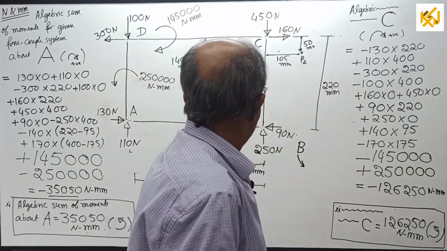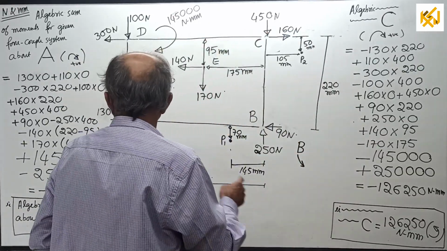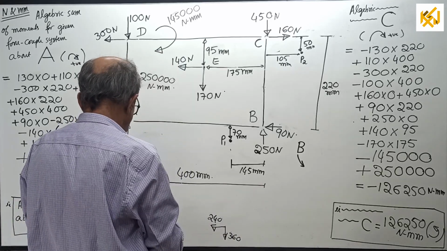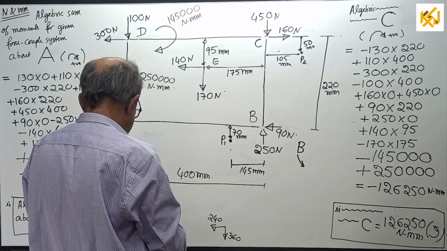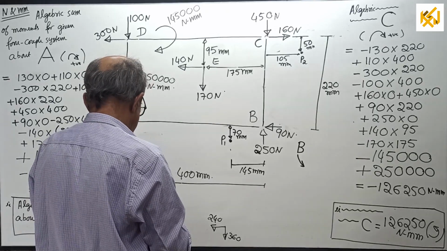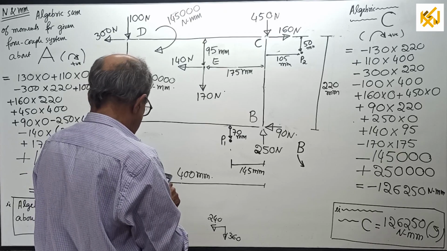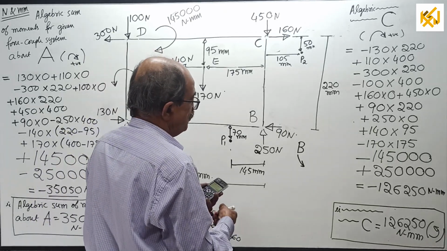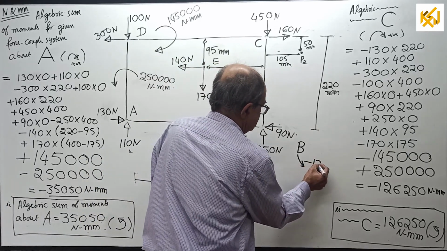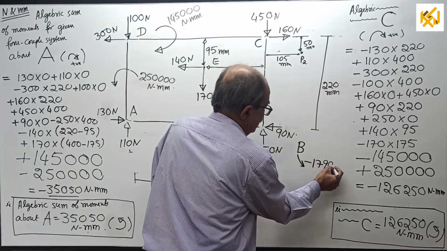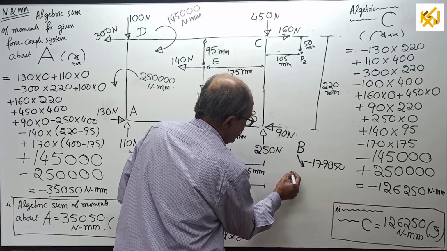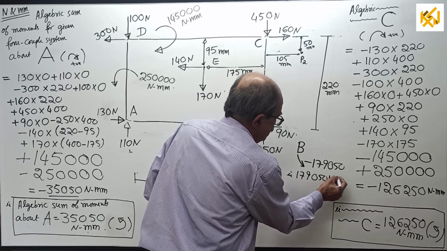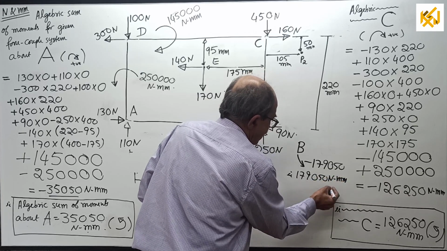I want the answer that I got about A. About A I got minus 35050, then into 400. Yes, I got the answer: minus 179050. Minus 179050 means what? 179050 Newton millimeter anti-clockwise.